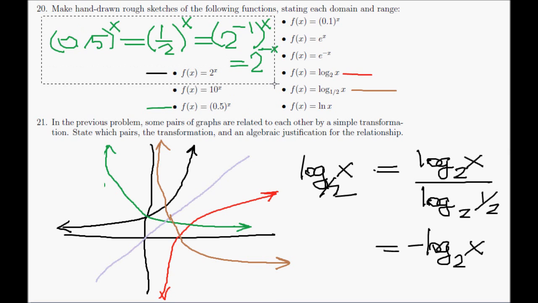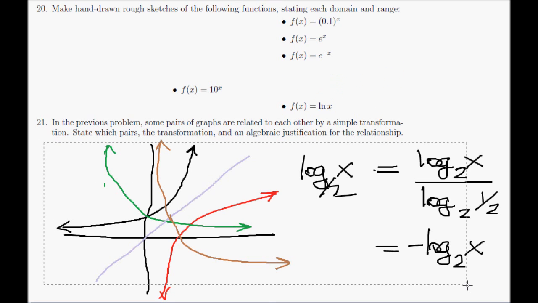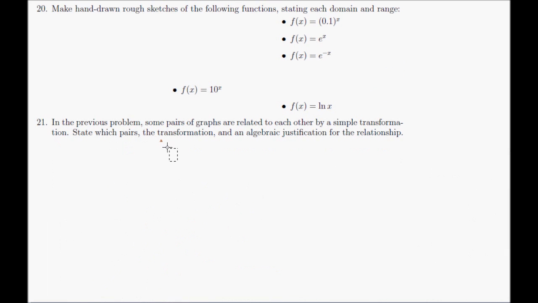Let me clear off what we've already done. So we've done that, we've done this part, and we've also done these two parts. Okay, so let's now take a look at the graphs of 10 to the x and 0.1 to the x. The graph of 10 to the x goes like this. It'll be a lot steeper. That was a bad picture.